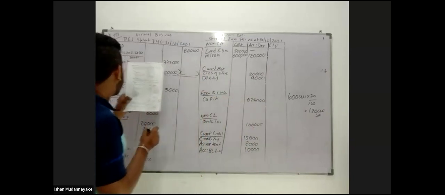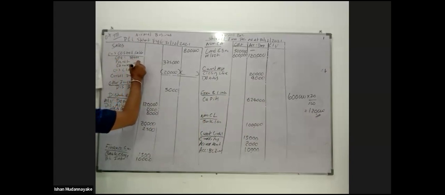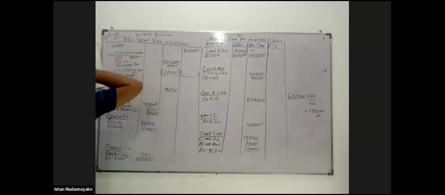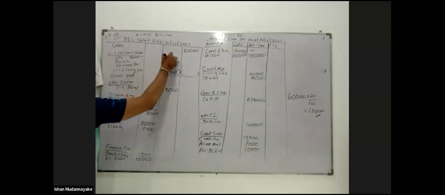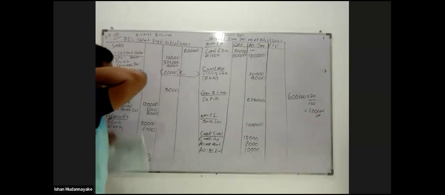Carriage inward, purchases plus 10,000. Opening stock 15,000. Cash balance 3,000.